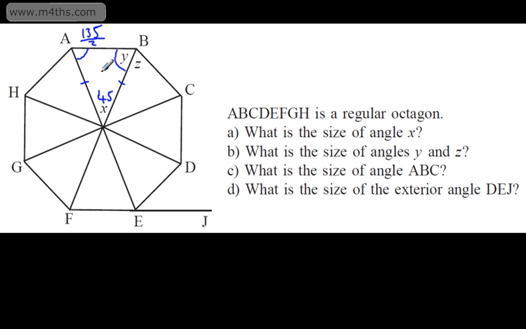What's that going to give me? 67.5. So we can say that X is going to be 45. Y is going to be 67.5. That must mean that Z is 67.5 because we've got exactly the same just here.